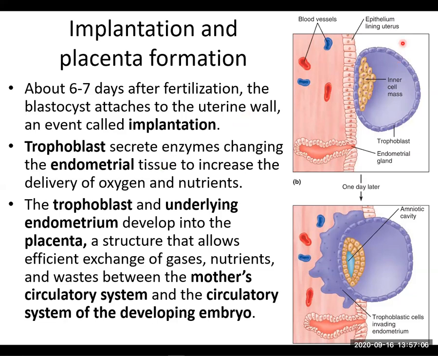So this is the blastocyst in the uterus, and the trophoblast will start to secrete enzymes to affect the mother's side, to affect the uterus, and then they will start to build the very first form of the placenta.